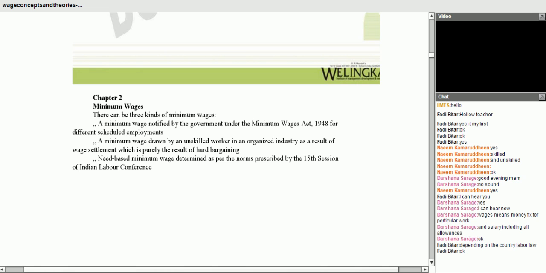Now from where is that 2000 calories availed? For getting 2000 calories, a person should earn at least 500 rupees a day. That is how a minimum wage rate is determined.